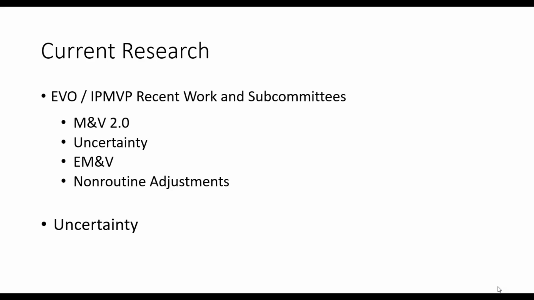There hasn't been a lot of standardization there, but there's renewed interest because of all the NMEC discussion. There's also a renewed uncertainty guide that EVO put out, and it deals with option C.